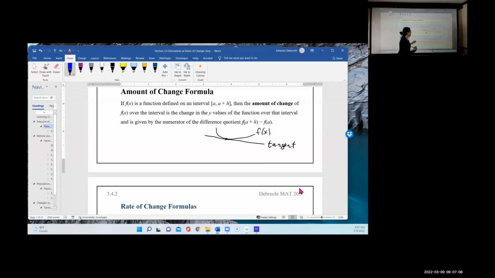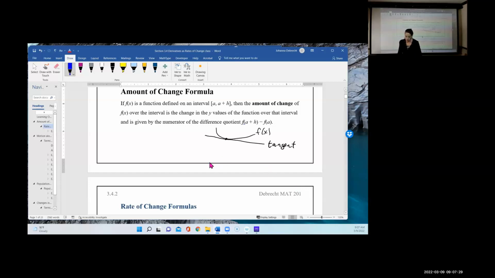So if you stay really close to this point where they're connected, then you can use the value on the tangent line to approximate the value on the curve, because they'll be relatively close together. So the idea is to use the tangent line as sort of this approximation.